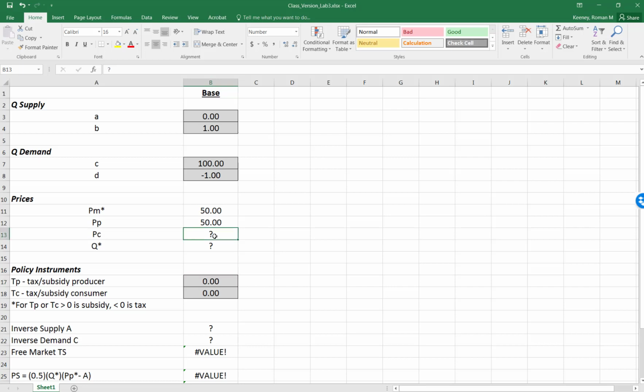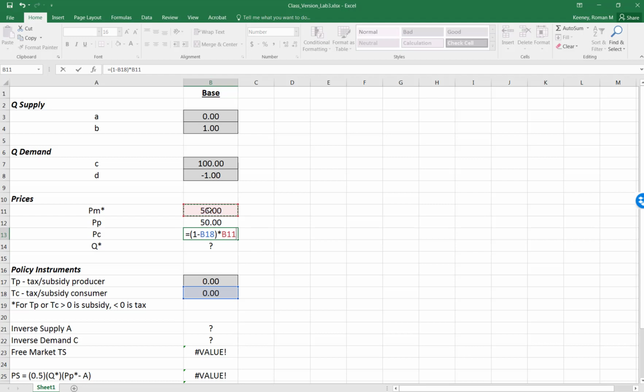Consumer price, again, we need to get rid of the question mark, so let's type an equal sign, and it's going to be just like we did for the producer price, except we're now going to be subtracting. So 1 minus, and we're going to use the consumer tax variable or consumer subsidy variable down here in B18, close the parentheses, add the multiplication sign, and again multiply by PM up here, so the market price.